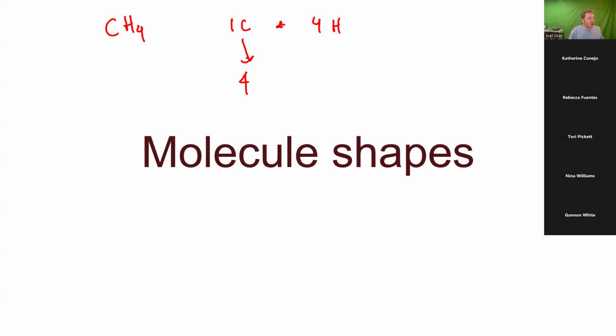We've got 4 hydrogens. Each hydrogen rolls in with 1 valence electron. And since we have 4 of them, we're going to say 4 times 1. So we've got 4 electrons there. 4 plus 4 equals 8. Great. Now, when we draw this structure, we'll then go on to identify our central atom.